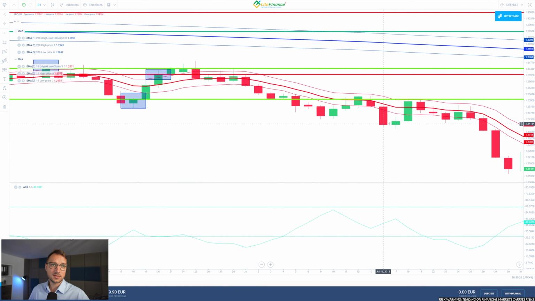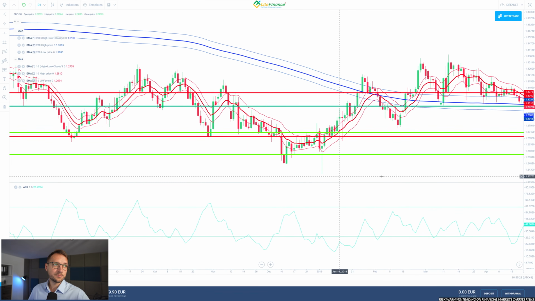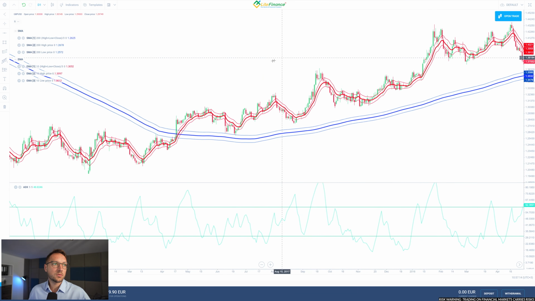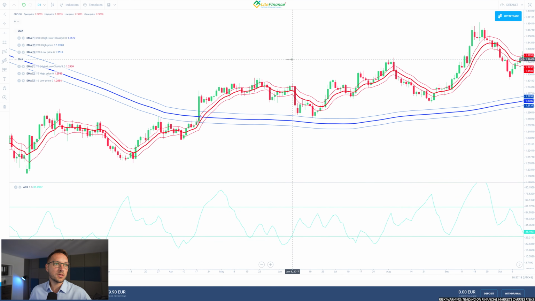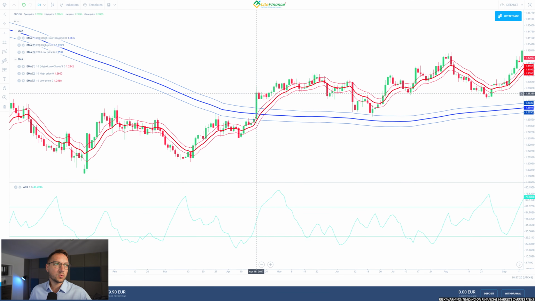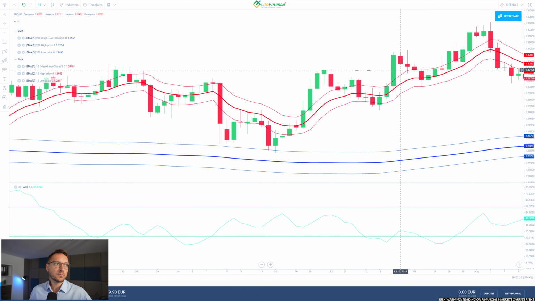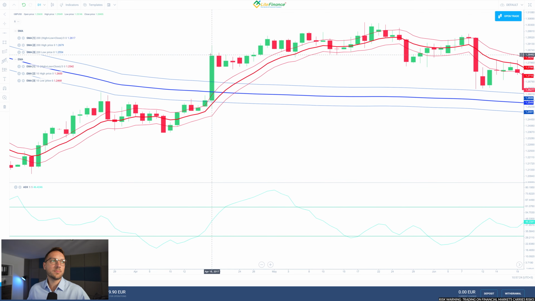So maybe let's check some long example. So we need to look for the chart when the price is above 200 EMA. So that would be the first one. And as you can see, we would enter here because the price closed above 200 period EMA, and it also closed above the 10 period EMA. The ADX is above 30 line.